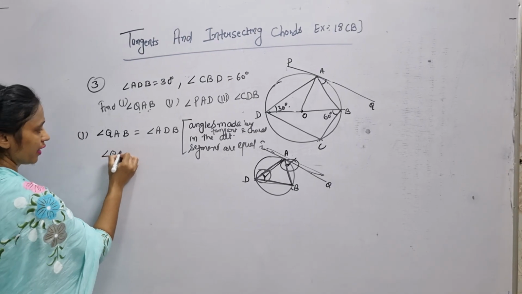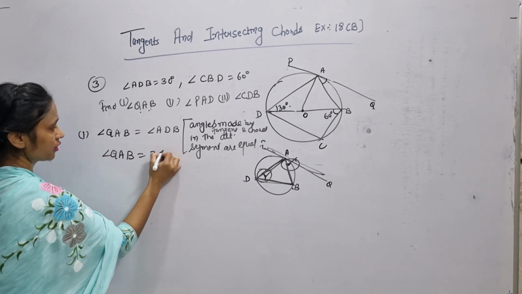That means QAB is equal to 30 degrees itself.